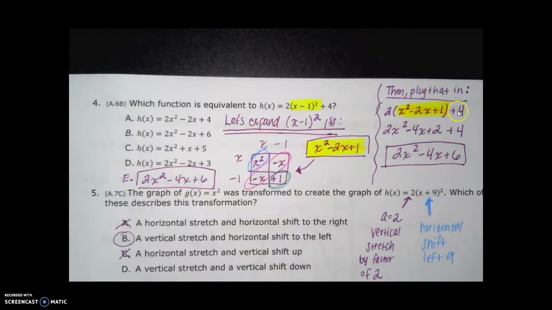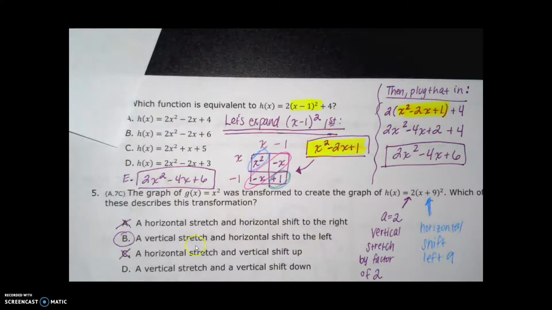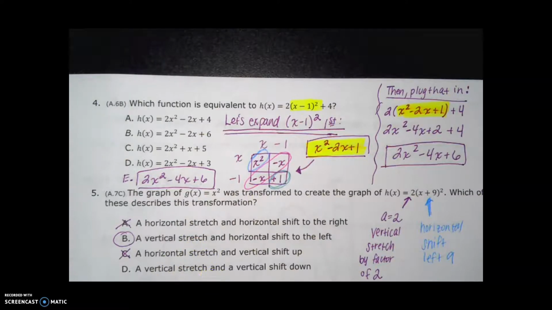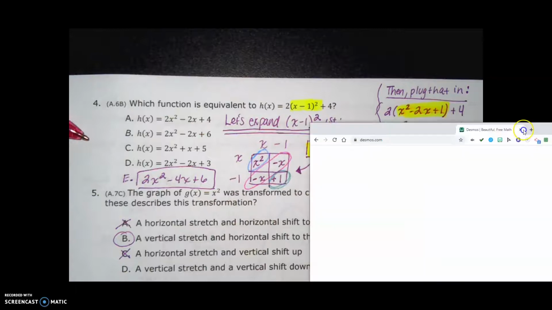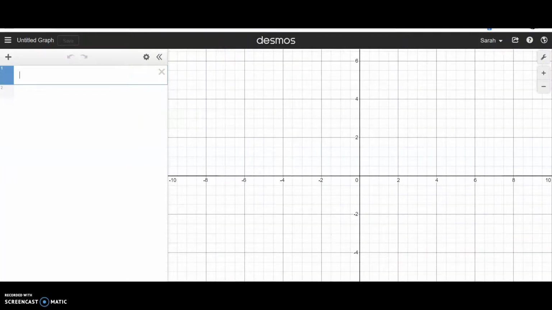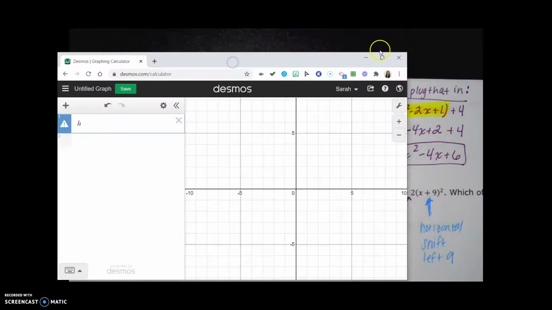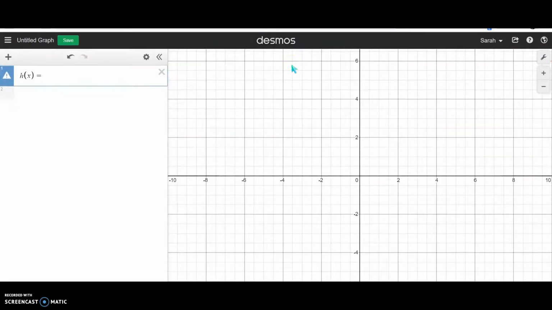Now, remember, if you're ever doubting yourself, you can always go to Desmos Graphing Calculator, and you can make sure that those equal each other. So let me pull up Desmos Graphing Calculator, so that way we can check our answers. What I'm going to do is plug in that h of x equals 2x minus 1 squared plus 4.